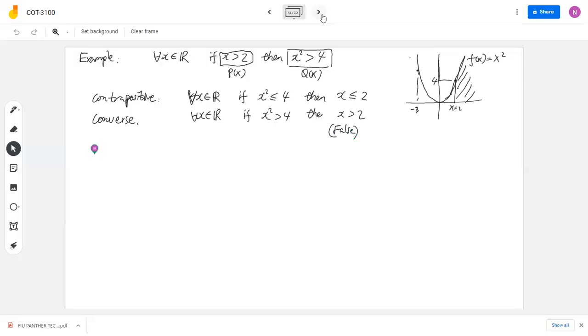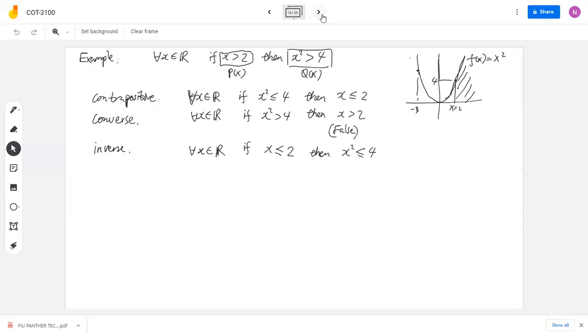And what about the inverse? The inverse is: for all x in R, if x is less than or equal to 2, then x squared is less than or equal to 4, which is also false, because if we take x equals -3, then x is less than 2, but x squared is larger than 4.